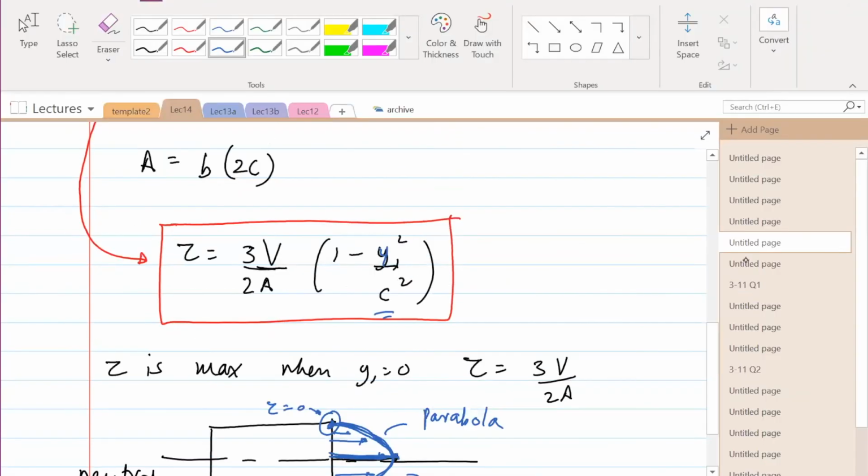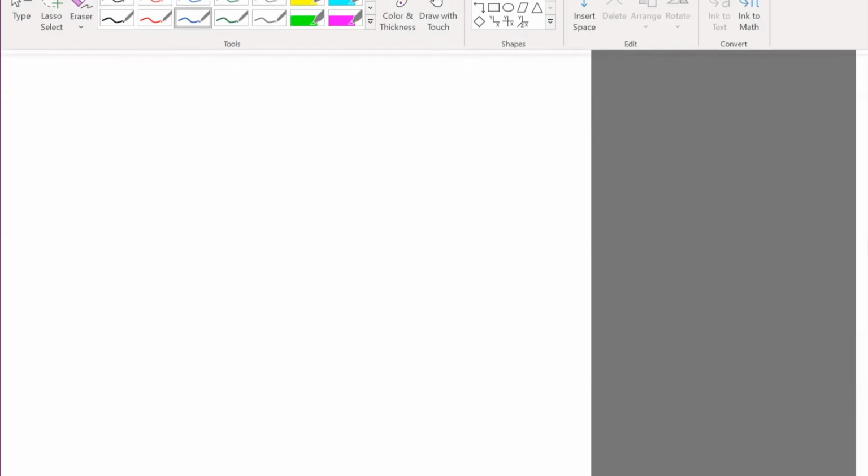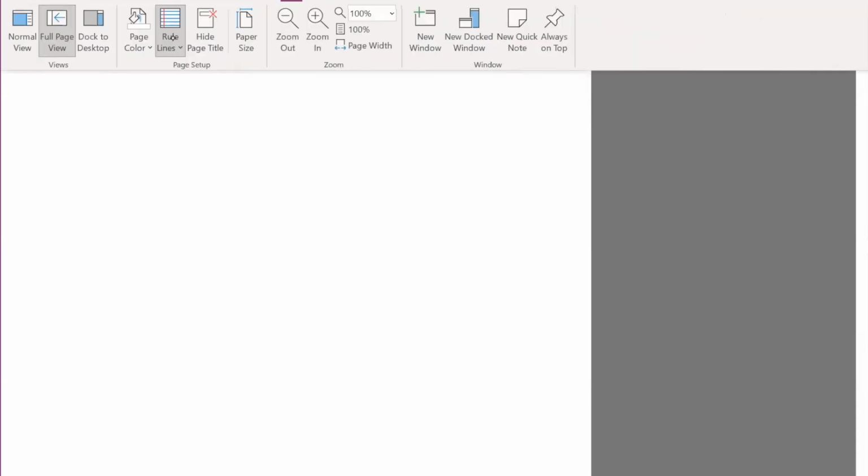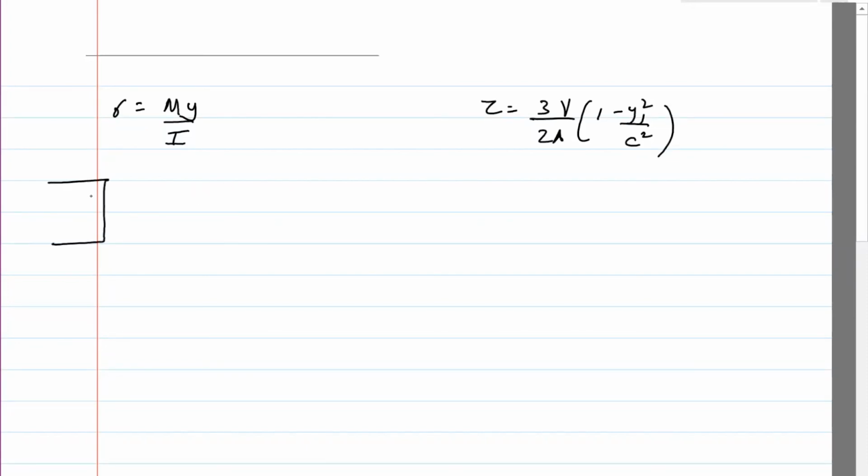So when we looked at moments, we said the normal stress sigma is My divided by I. And for shear stress, it's 3V divided by 2A, times 1 minus y1 square divided by c square. If you plot, that's the beam.